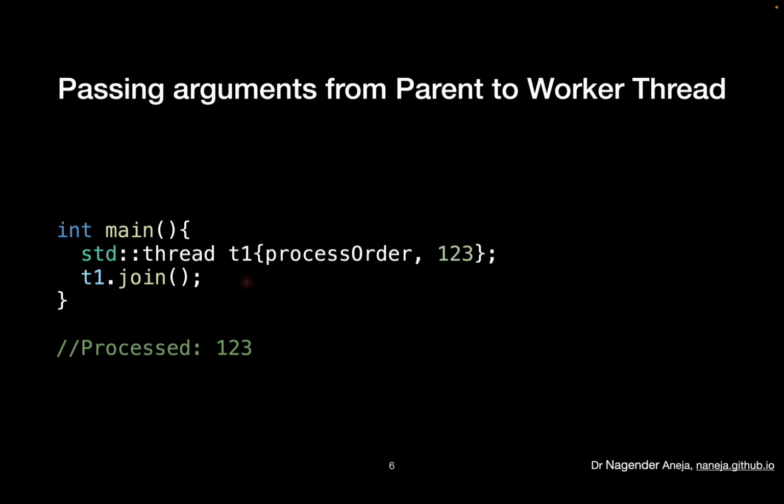Similarly, we can create another thread, T2, that will again use the same function, but this time the order ID may be different. And finally, before exiting, we join all of these threads. So that's one way to pass data. This 1 to 3 is the data that is passed to the thread. If we have more arguments, we can write a comma and the other arguments.